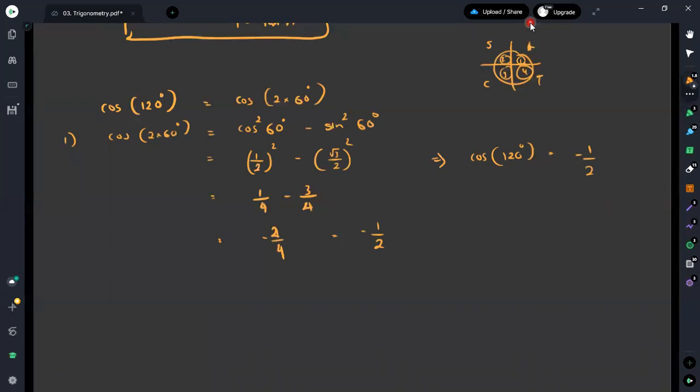And if you use the second equation, you must be able to get the same answer. If it is 120 degrees, then this will be 2 times 60 degrees.